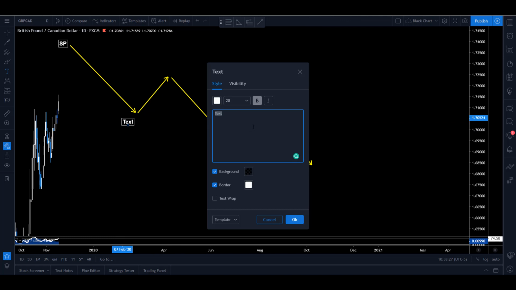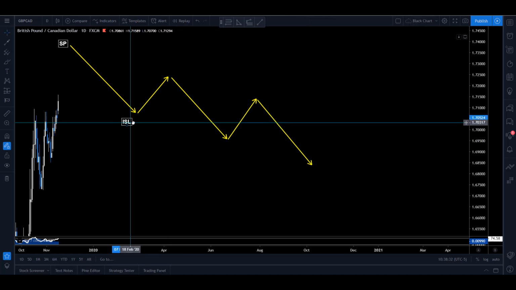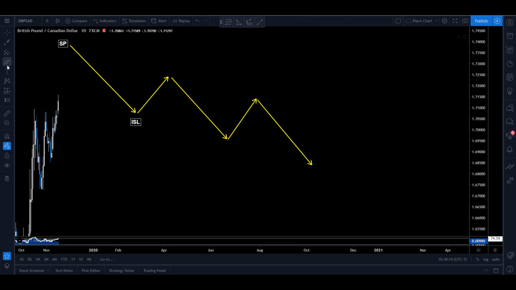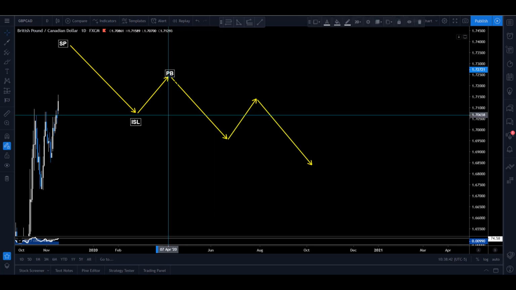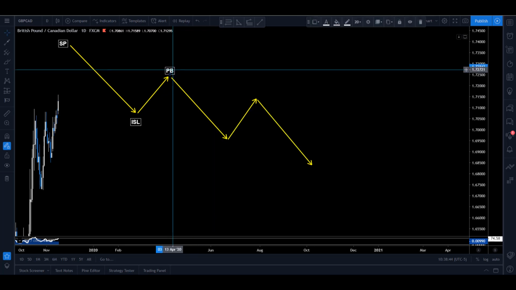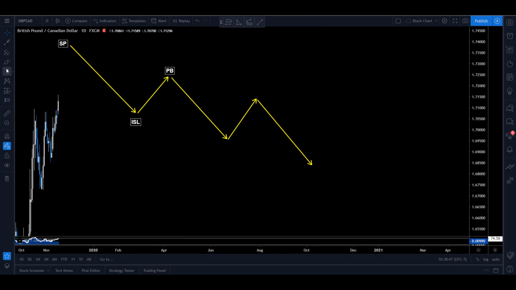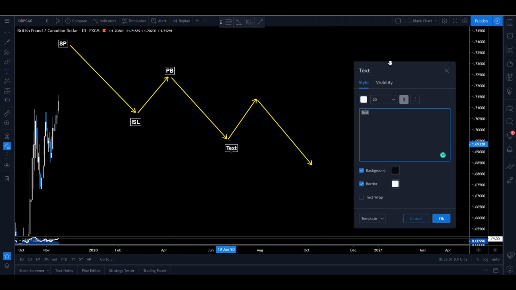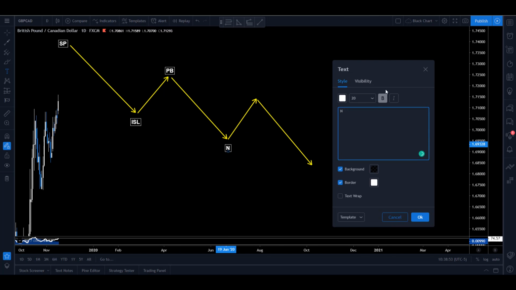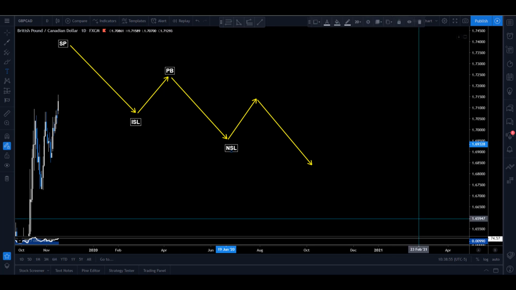This is what? Initial structure low. I'm going to get lazy and just type the letters. This move up here is going to be what? Outside return or pullback. We've been saying pullback all day, so we'll just do PB. And then this is going to be our new structure low, and we're officially in what once we get to this point?